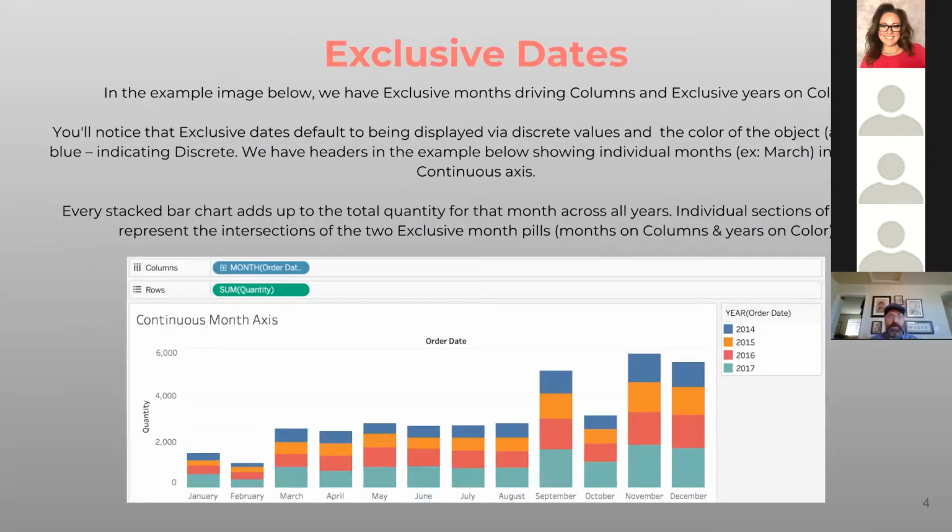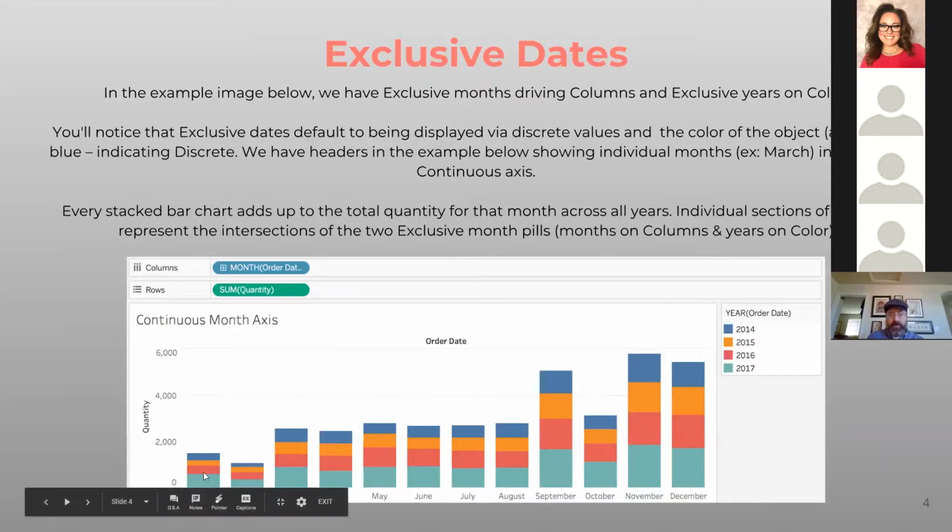So what does this look like in practice? Here we have a chart driven by exclusive months and exclusive years. Notice that exclusive date fields default to giving you discrete values. So we've got discrete headers of our months along the bottom.